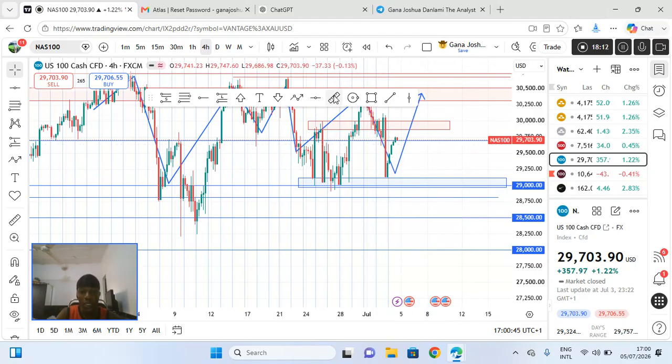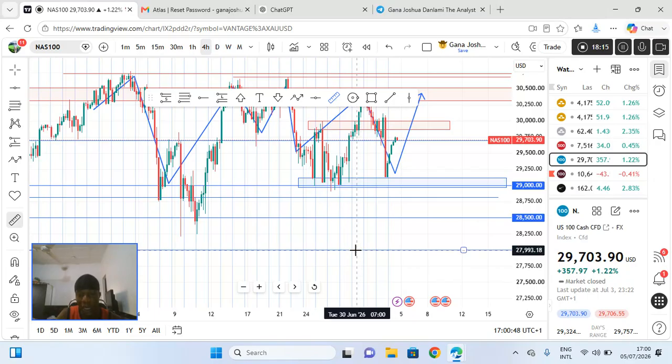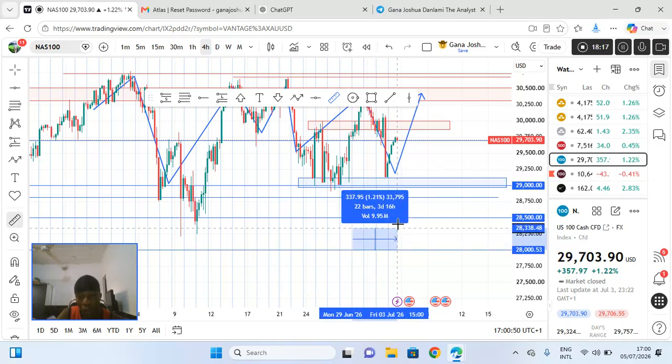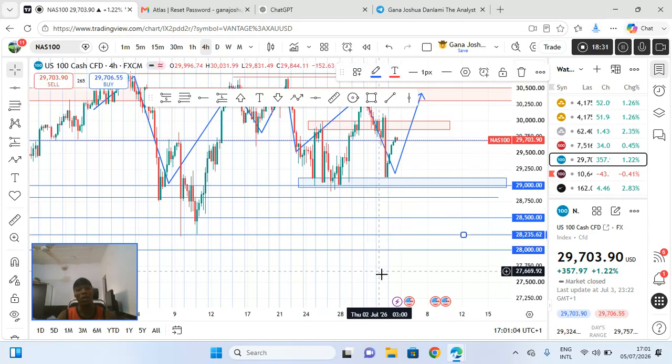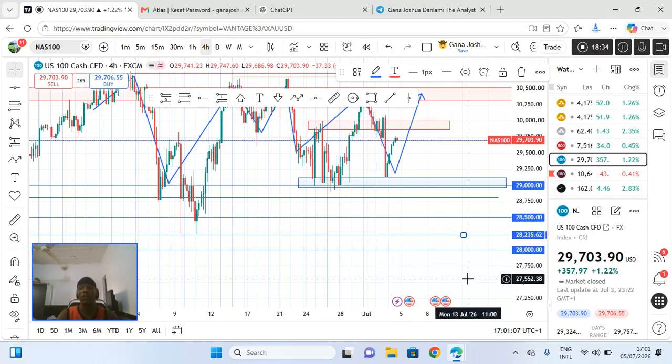Then if you want to split it again, that's at your discretion. All you have to do is divide between 28,000 and 28,500, using your measurement tool. You just split it into half. You will see that it leaves us at 28,250. If I add another 250, it will be 28,500.